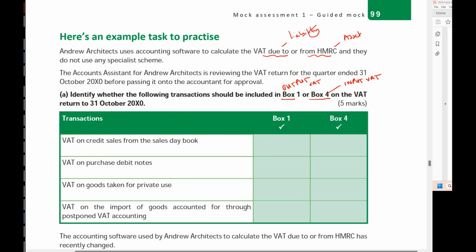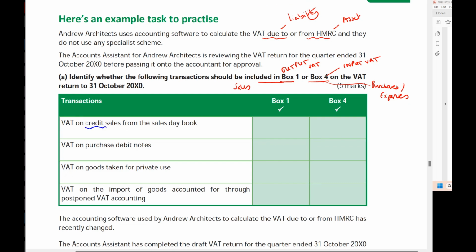So for now, all we're doing is saying, is this a VAT relating to sales, or is it VAT relating to purchases and expenses? It's not asking whether the amount is going up or down. It's just saying input or output VAT.